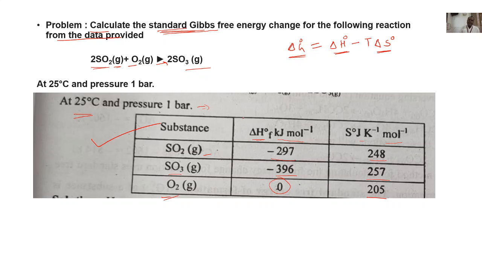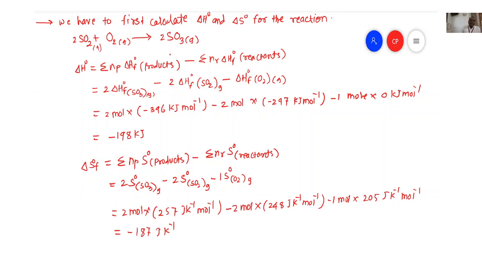From this given data, we first have to calculate delta H0. We know that delta H0 is given by an equation we have already learned.